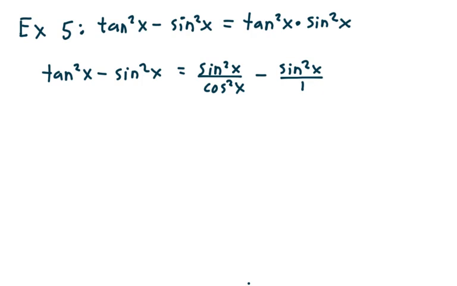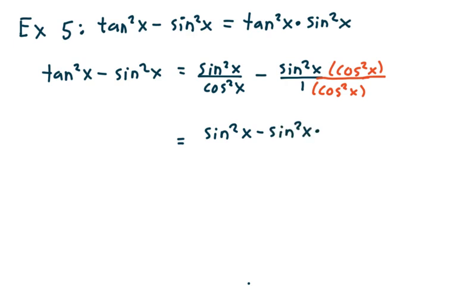I would say it's going to be cosine squared x. And so I have to take the second term and multiply the numerator and denominator by cosine squared x, just like this. Okay? Now, from here, I'm going to get sine squared x minus sine squared x times cosine squared x divided by cosine squared x.